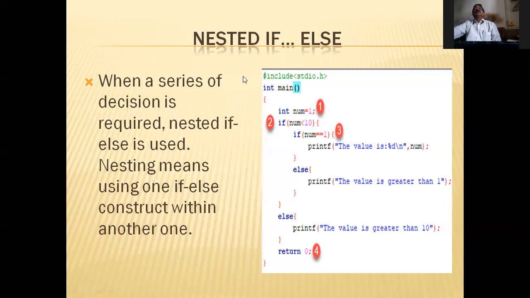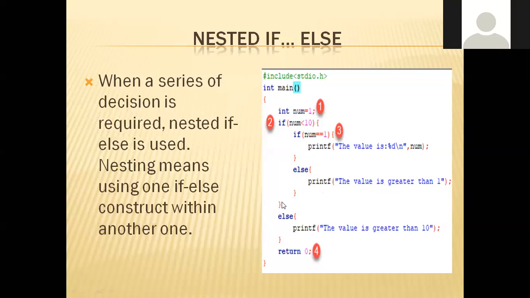If num is equal to 1, the value is written. This may contain only one statement, but it is written inside the curly bracket. And this if may have an else part, the value which is greater than 1. So these values will be written.